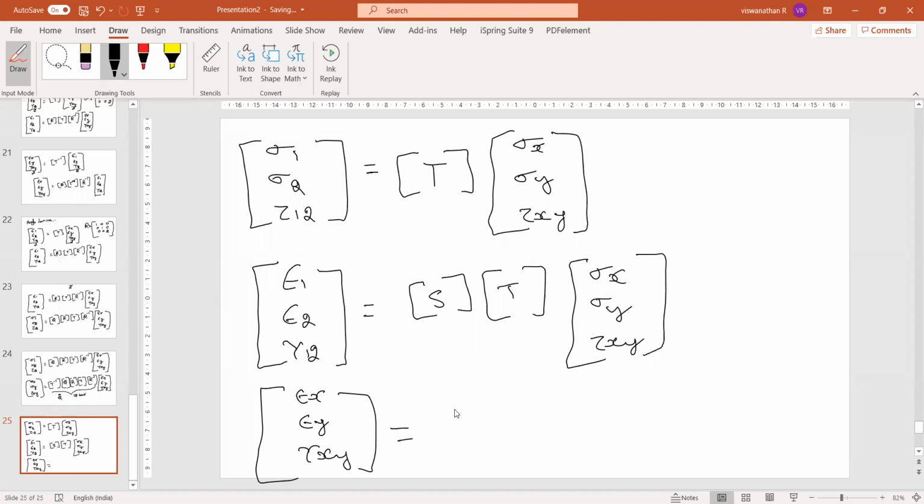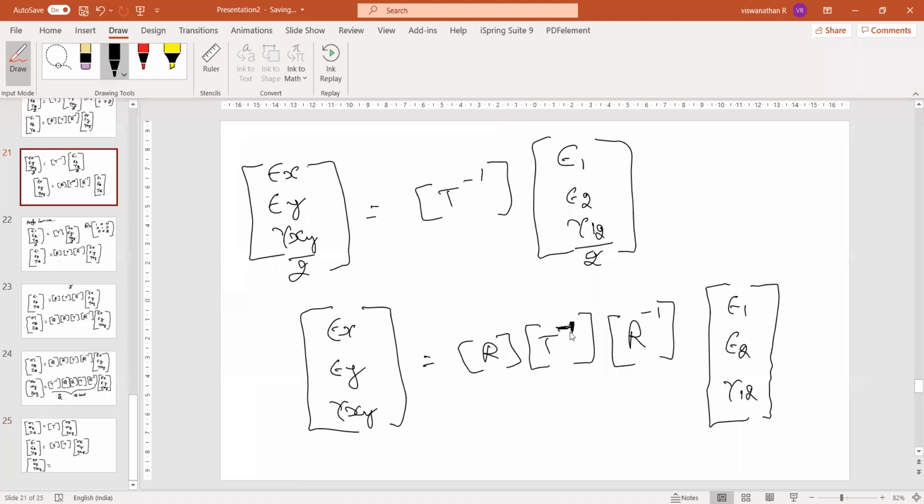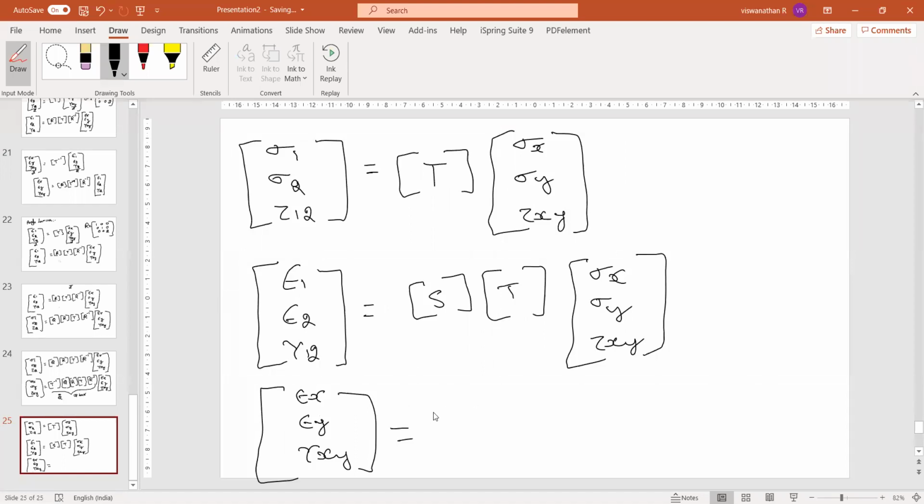It is T inverse, you are right, but it is not just T inverse, it is R into T inverse into R inverse. T inverse is correct, but because it is with the strains, you have to do these things: R, T inverse, R inverse.